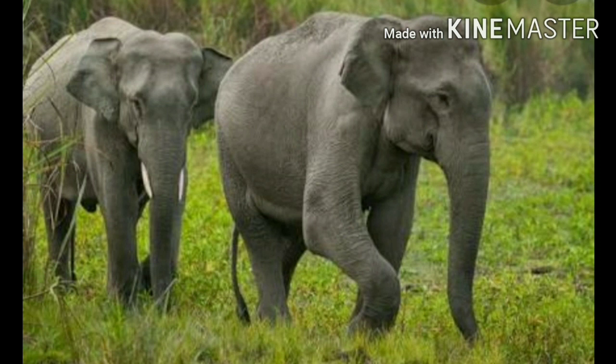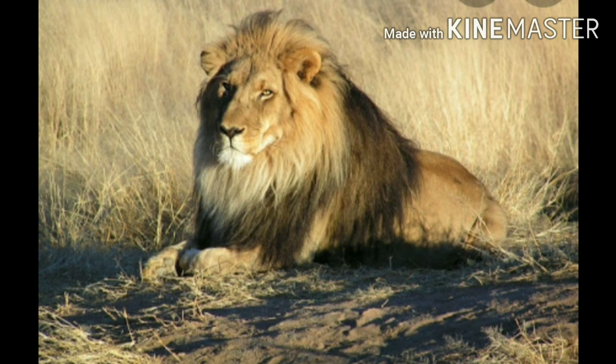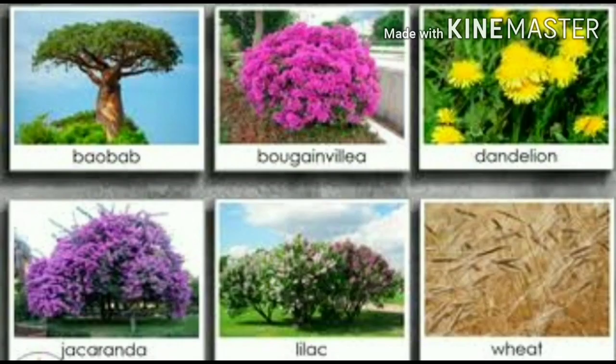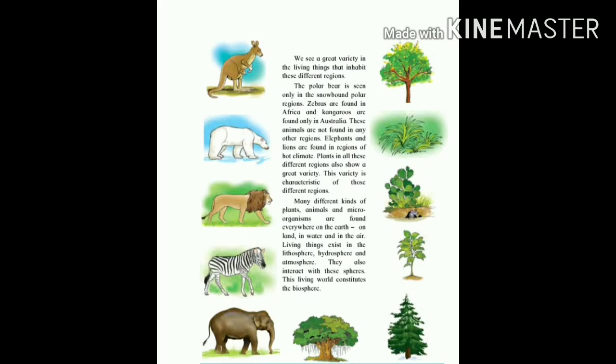Elephants and lions are found in regions of hot climate. Plants in all these different regions also show a great variety. This variety is characteristic of those different regions.